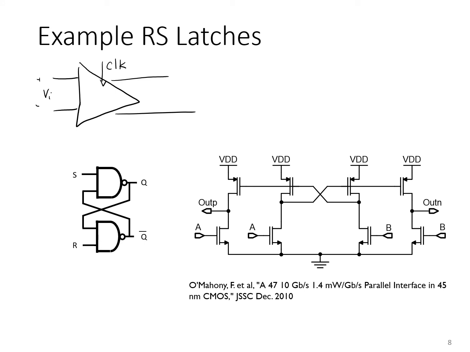So if we label these voltages VO plus and minus, we expect them to look something like this. In reset, both voltages are reset to the same node voltage.